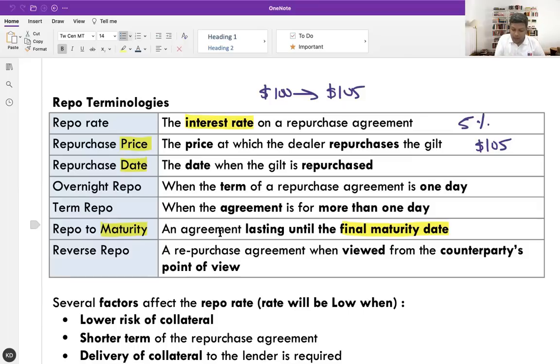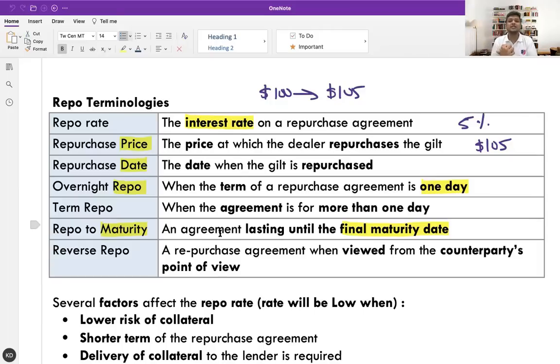Overnight repo is the term used when the repurchase agreement is for 1 day. So what is the overnight repo rate? Let's say it's 4%. So 1 day rate is 4%. Now remember, 4% is not for 1 day. So it's annualized. Are you getting it? So it's 4%. I've just used 105 for your easy reference, but in reality, it's going to be 5% for the maturity.